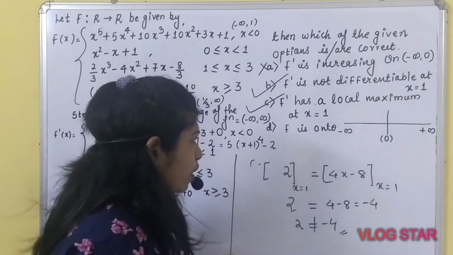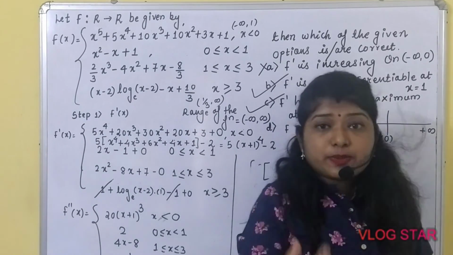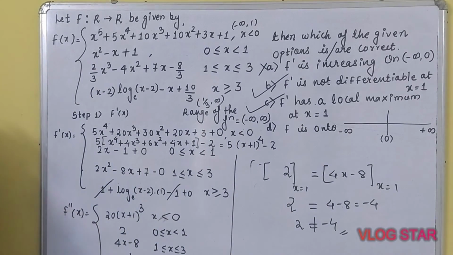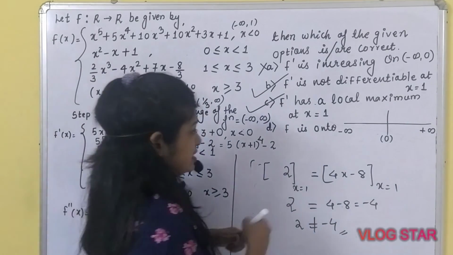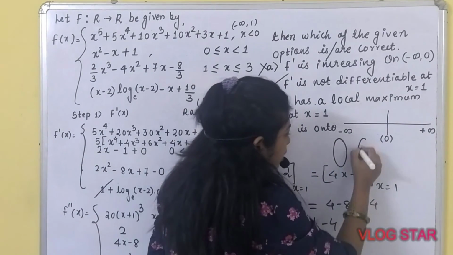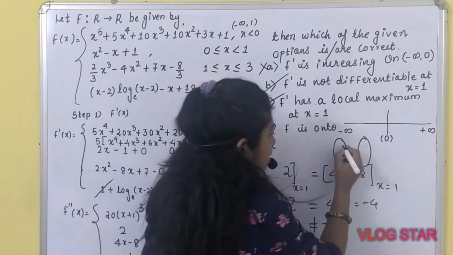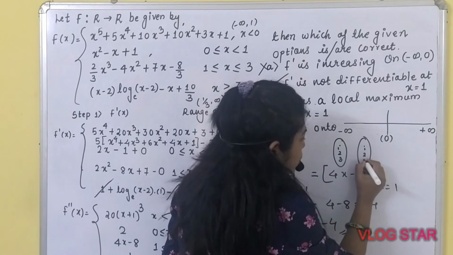Coming to the fourth option, f dash is an onto function. Now first I'll explain what the meaning of an onto function is. As the name indicates, for an onto function you need to remember the domain and codomain. Let's consider 1, 2, 3 and 1, 2, 3.